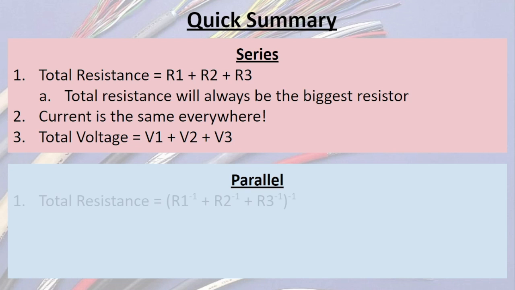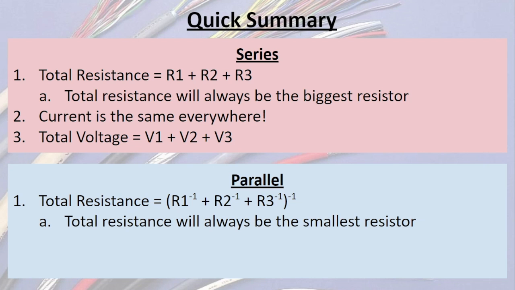So in other words, the total voltage is the sum of all of the voltages. For parallel, the total resistance can be found using this equation, which is the same one we did before. I'm just trying to simplify it for you. And that just says R1 to the negative first, which is the same as saying 1 over R1. If you plug it in just like this in your calculator, you should be able to get the answer right, no problem.